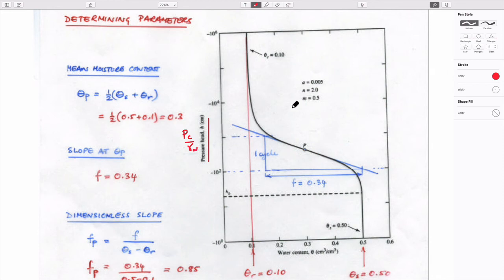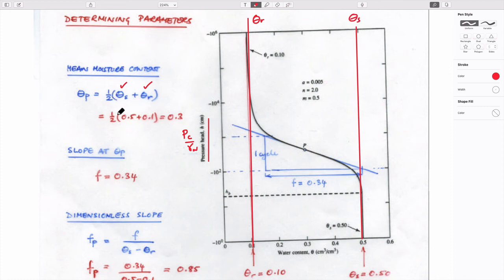So first of all, you take the curve and you isolate these moisture contents here and here, which are the saturated moisture content and the residual moisture content, right? This is residual and this is saturated.